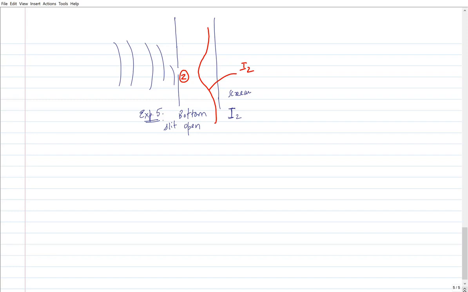Yeah, so this was so far very similar to the case with the bullets. Now, what happens when I open both the slits? So, experiment 6. Both slits open.